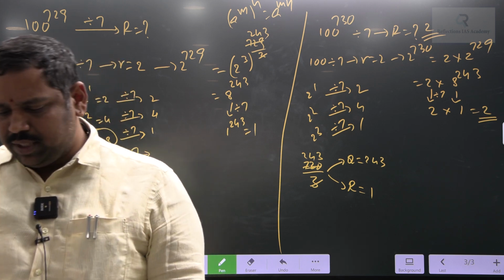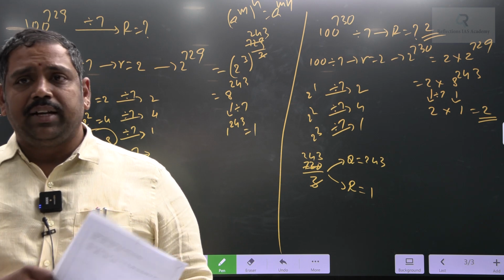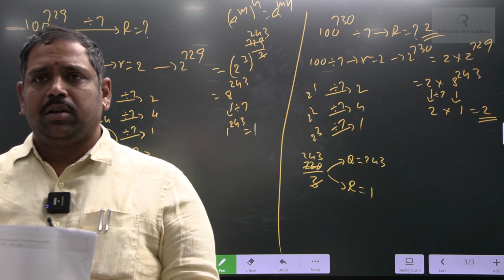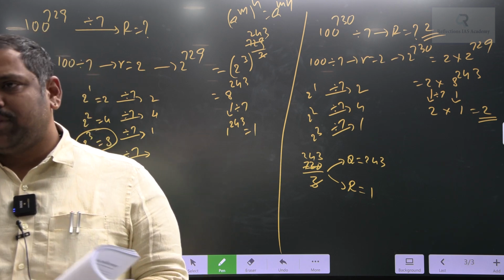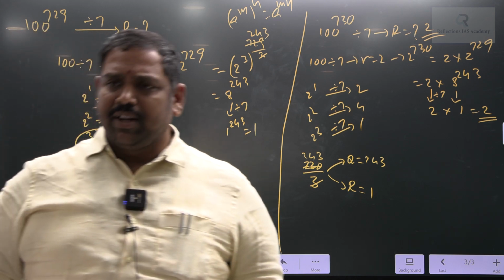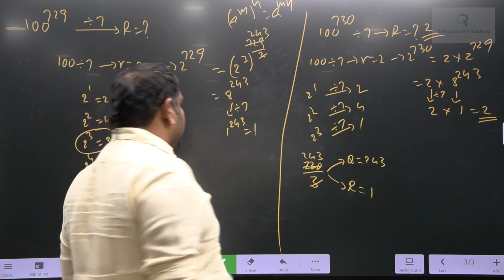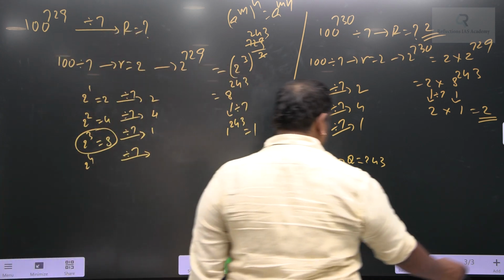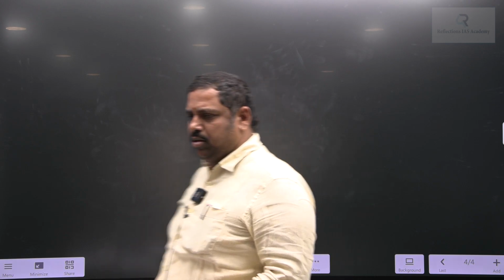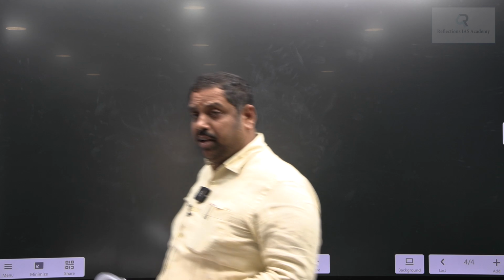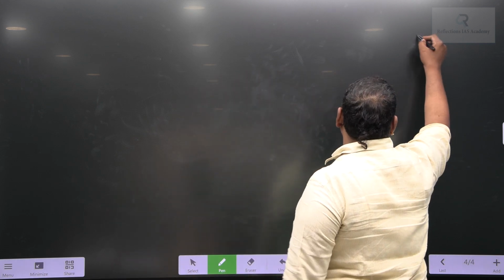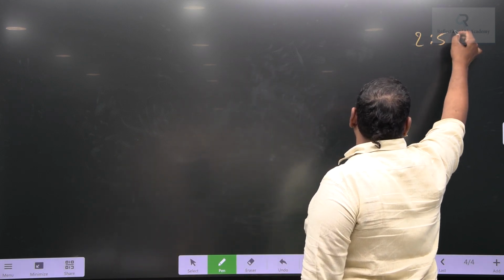Total 17 questions we have. 17 into 1.5, how much is it? 25.5 minutes. So round figure, 26 minutes I'll give you. So what's the time now? 225 plus 25, 250, 251. So you have to close your exam by 251.